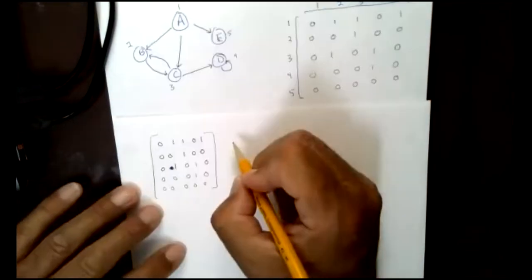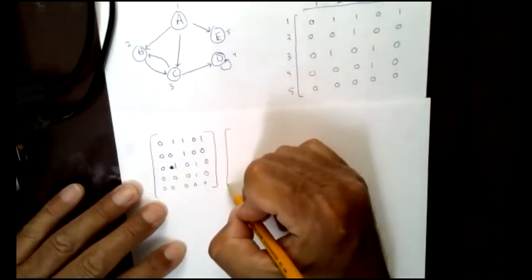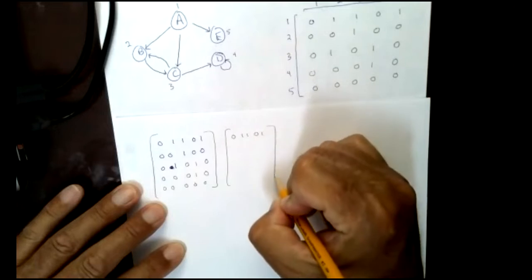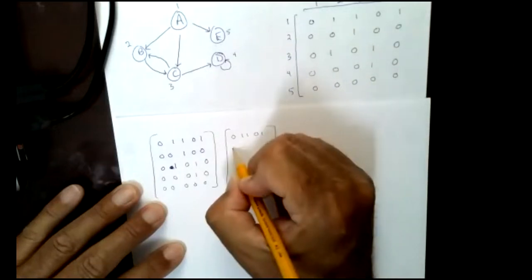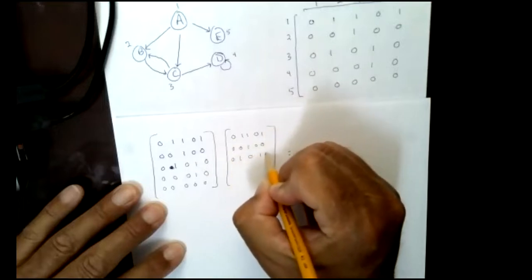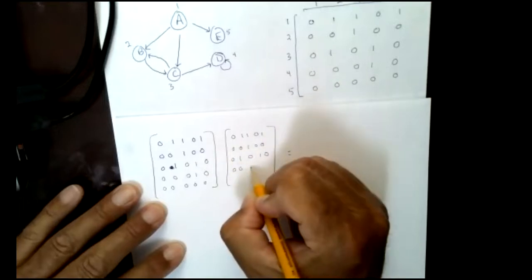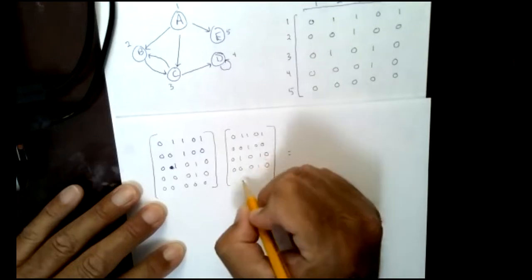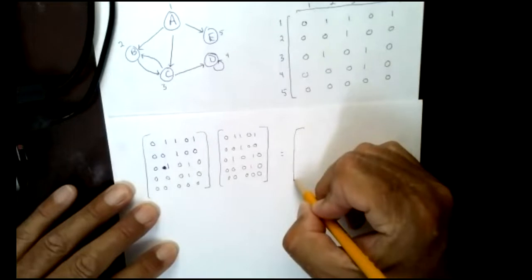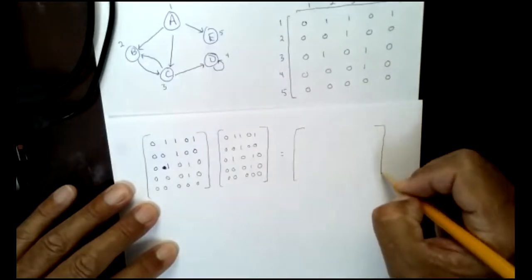Now I want to take that and multiply it by itself. 0, 1, 1, 0, 1. 0, 0, 1, 0, 0. And I'm going to get a resulting matrix.